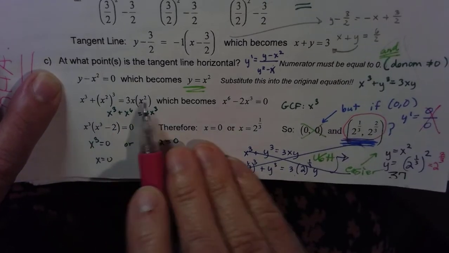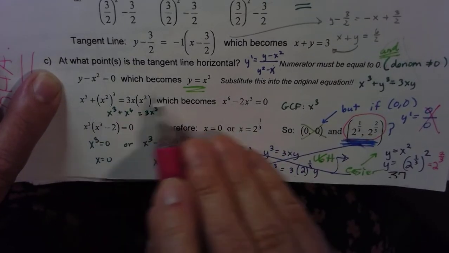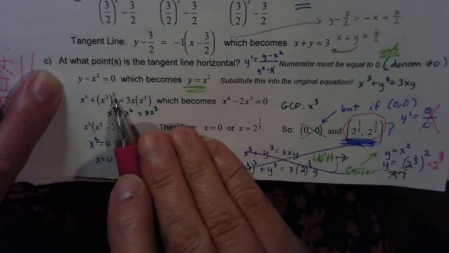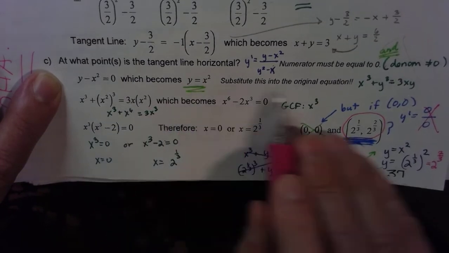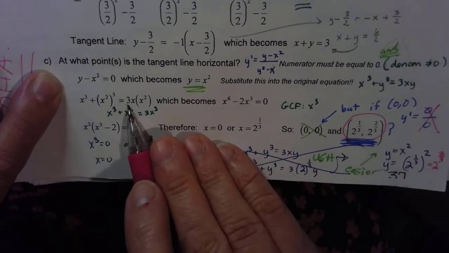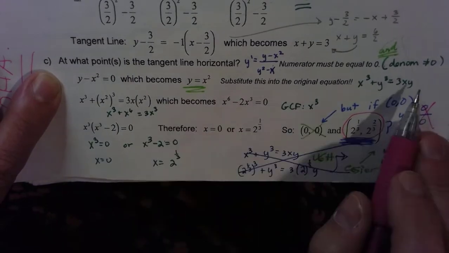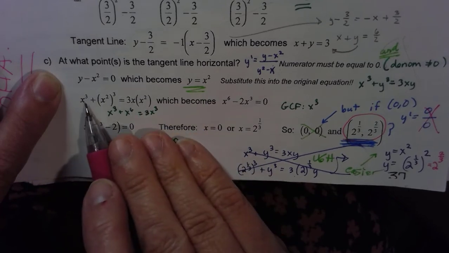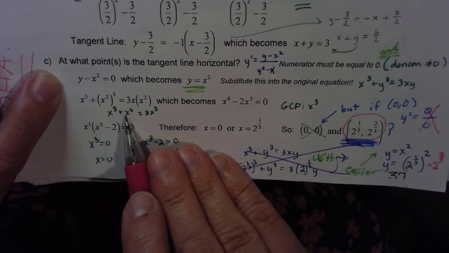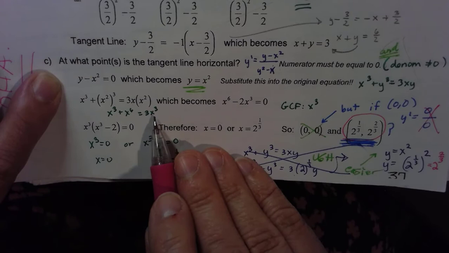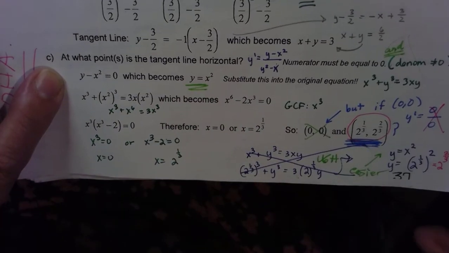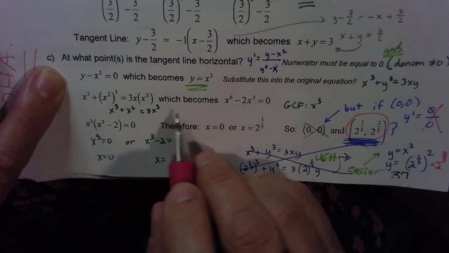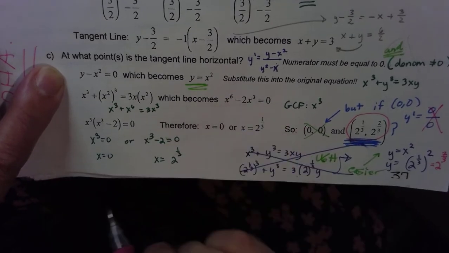So when I do that, I get x cubed plus x squared, cubed, has to equal 3 times x squared times x. Now, if you look at that, that gives me x to the third plus x to the sixth equals 3x cubed. And that's going to give us x to the sixth minus 2x cubed equals 0.